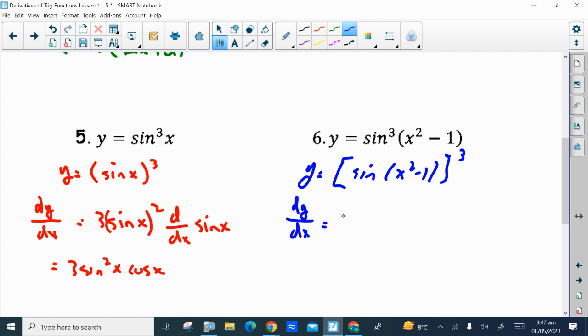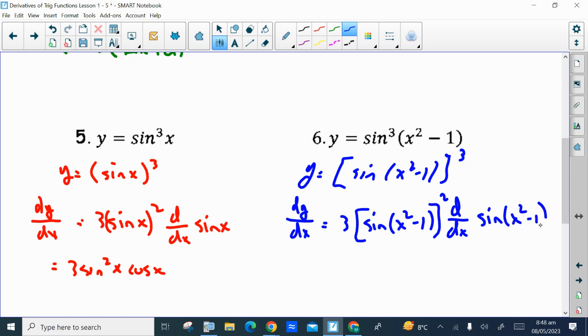That means your first step is a 3 comes in front, and then the power decreases by 1, times the derivative of what's inside the bracket, which in this case is the sine of x squared minus 1. That's our first step.